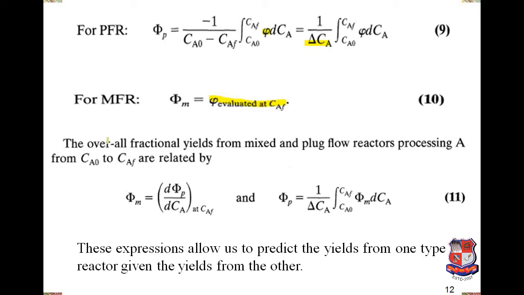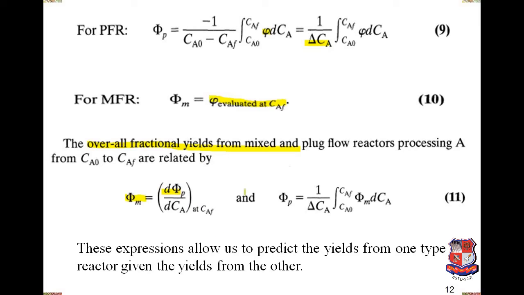So these are the two overall fractional yields for plug flow and mixed flow. If we have the plug flow yield, I can convert it into mixed flow by taking a tangent, like dc by dt. Any tangent is nothing but the slope drawn to a particular curve.